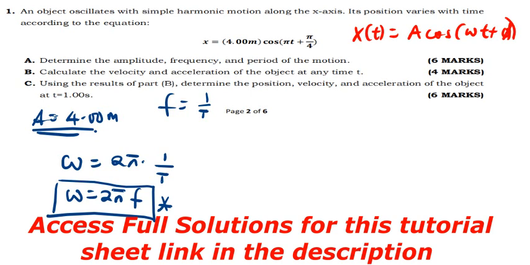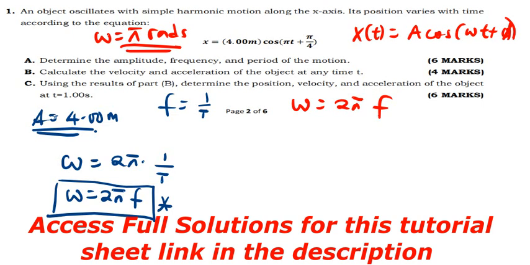Now, if I want to find the frequency, from the formula we have just come up with, I can make f the subject of the formula because I have my W. My W is the number before t. So in this case, pi is my angular frequency, my W. So this is just pi radians per second.